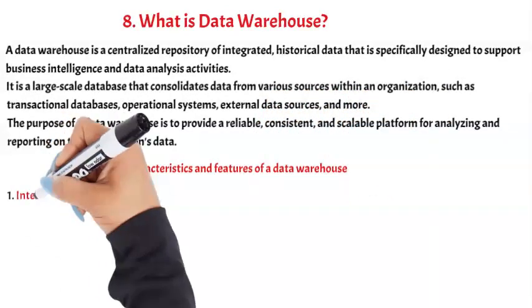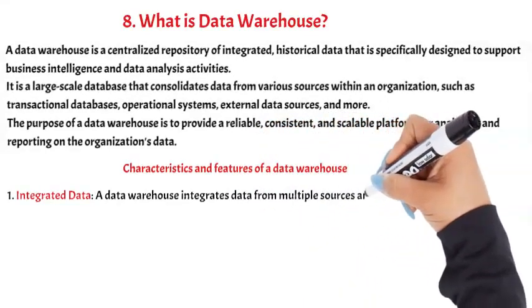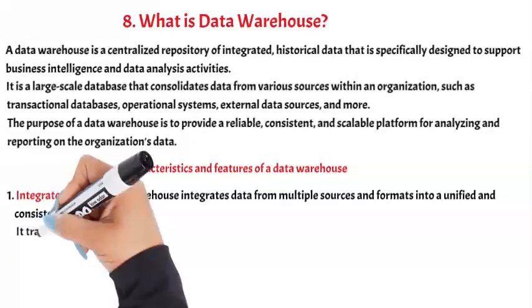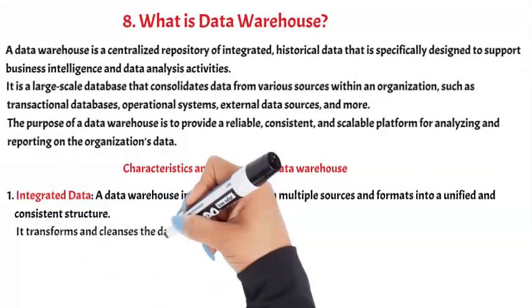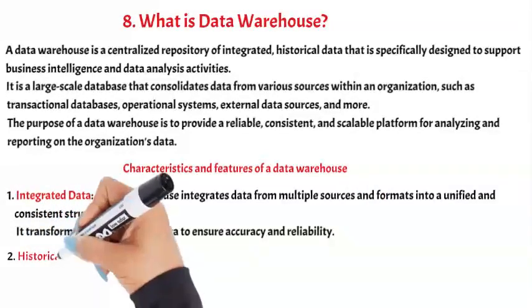1. Integrated data. A data warehouse integrates data from multiple sources and formats into a unified and consistent structure. It transforms and cleanses the data to ensure accuracy and reliability. 2. Historical data.